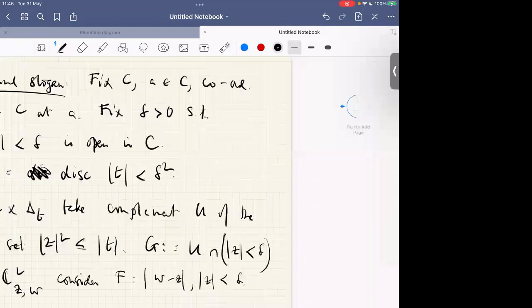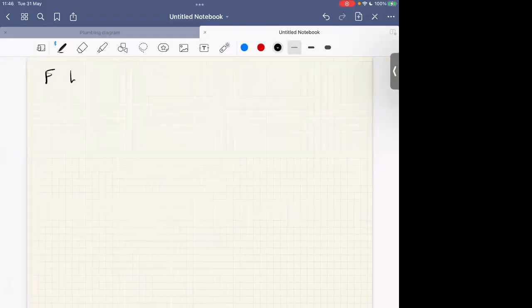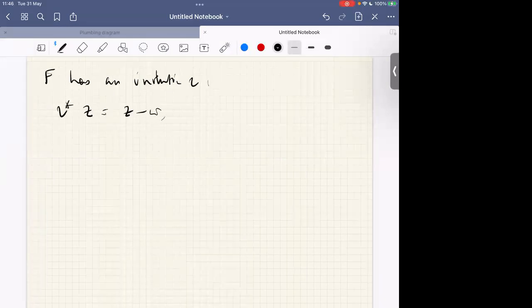So then F has an involution iota such that iota upper star of Z is W minus Z, and W is invariant.